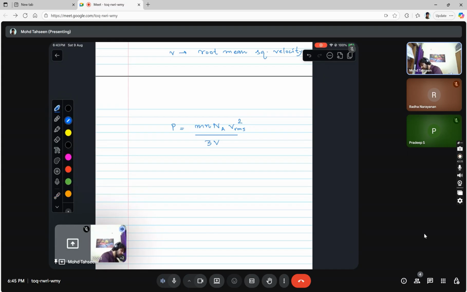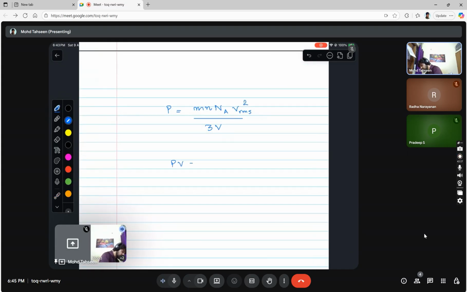And a slight rearrangement gives PV is equal to M N N A divided by 3 V RMS square, right?